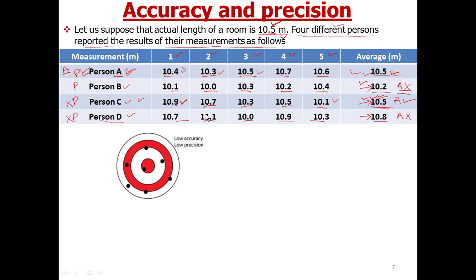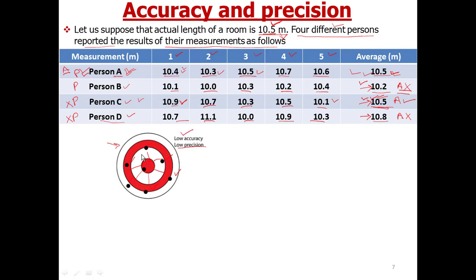Suppose some persons are playing the game of darts and they have to hit this target. If we see the results of this person, first his outcomes are staggered, not close to one another, so it is of low precision. Also they deviate from the real target, so they are not accurate.